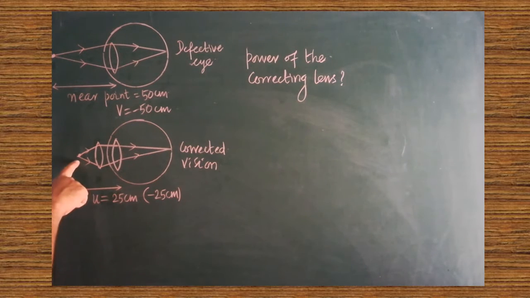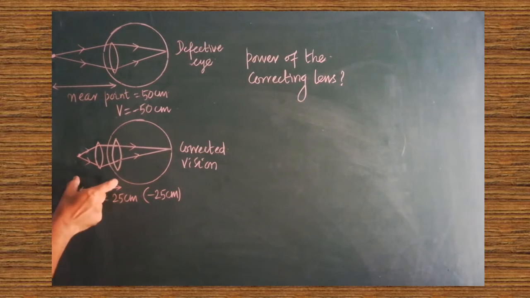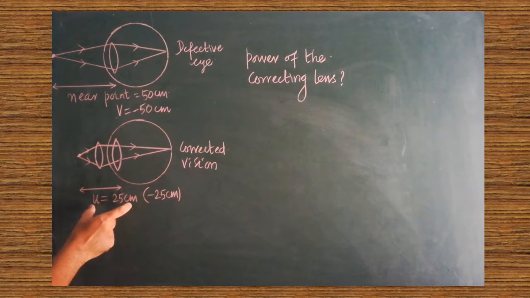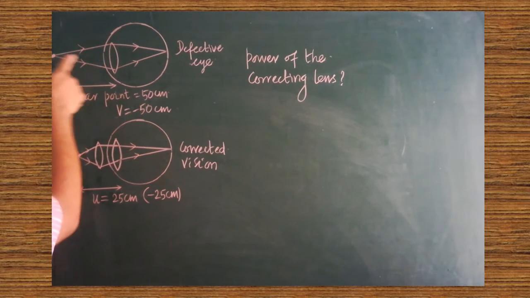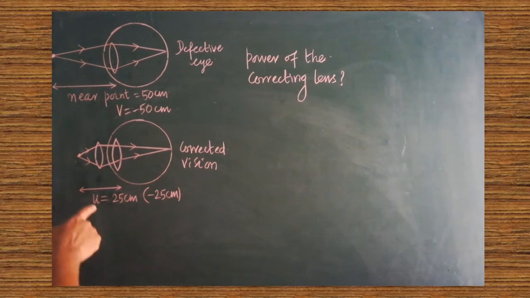So this distance should be taken as u, and the value of u is 25 centimeter. Both v and u are measured in this direction from the optic center, therefore both of them must be taken as negative.